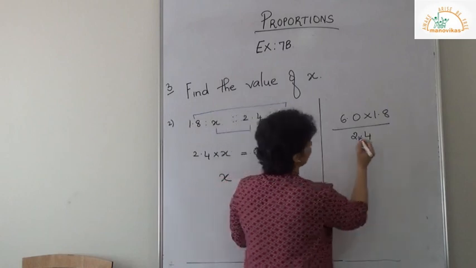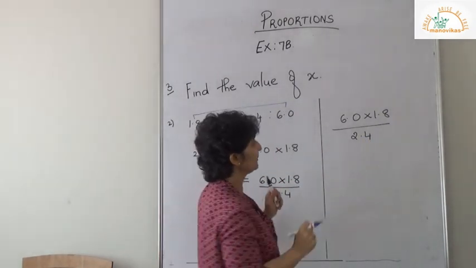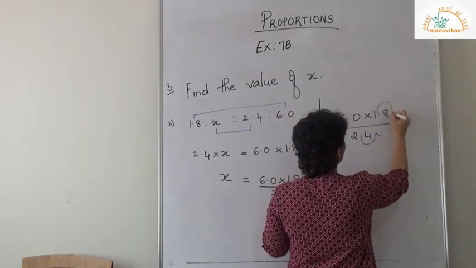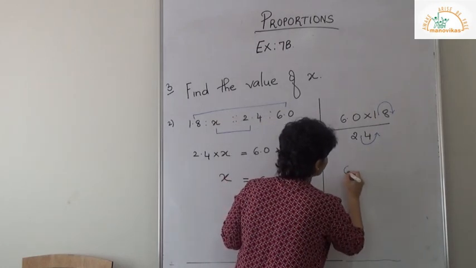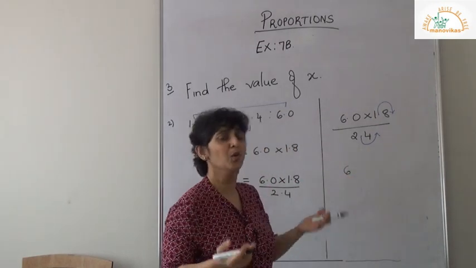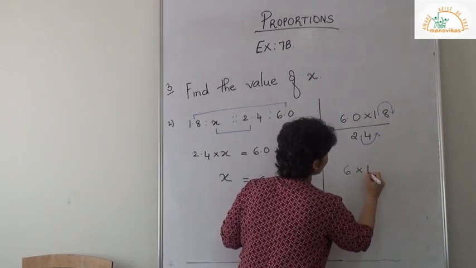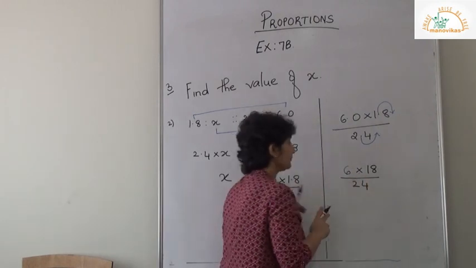Right? Now I cannot have any decimal in my denominator. So when I take this out, I take one out here also. So what do we get? Children, 6.0 means 6. So let me give it as 6 into 18 upon 24.